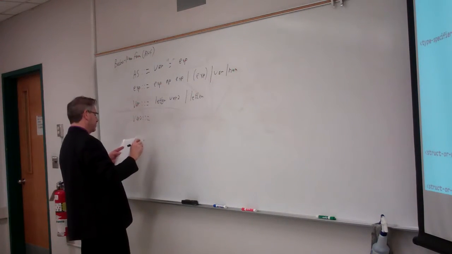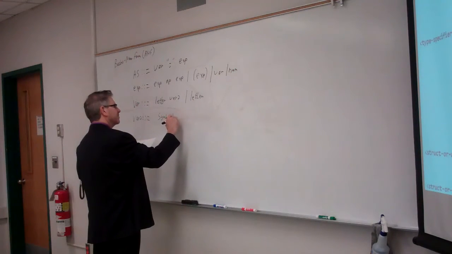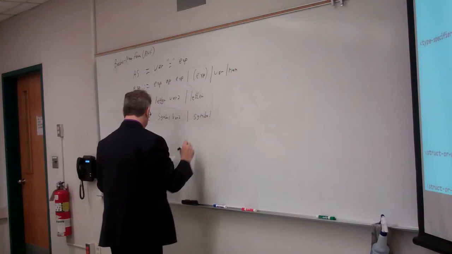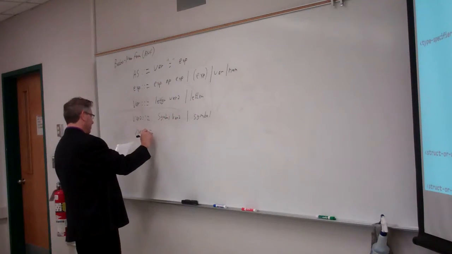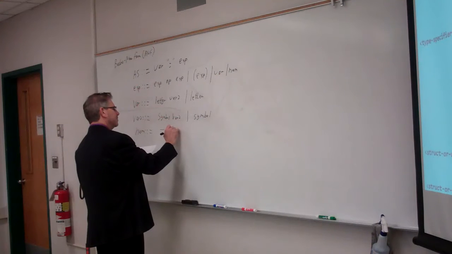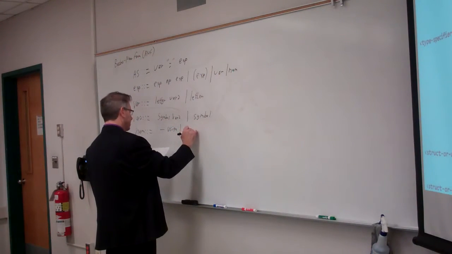A variable2 is a symbol followed by a variable2, or it's just a symbol. This is really not bad if you get all that recursive. A number is a minus sign followed by an unsigned number, or it's just an unsigned number.